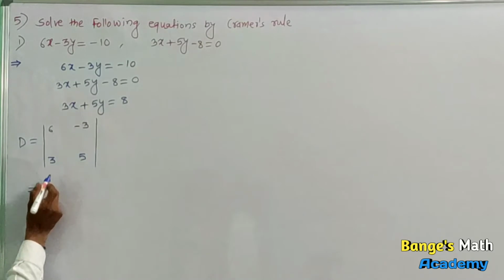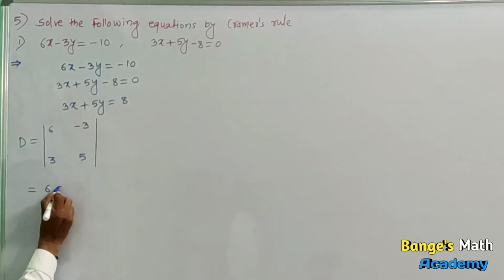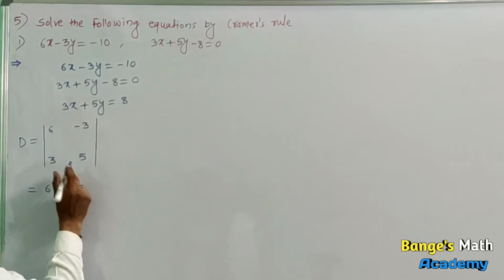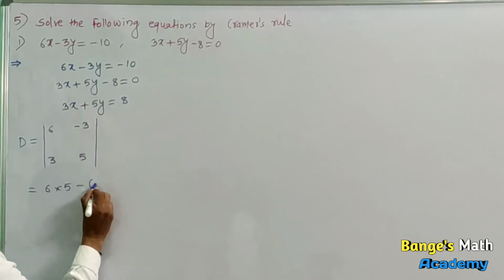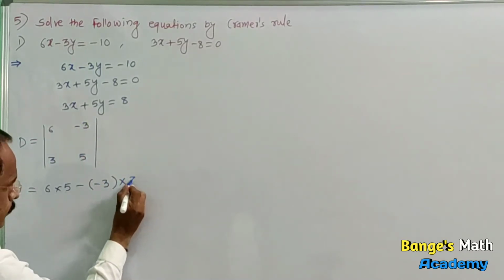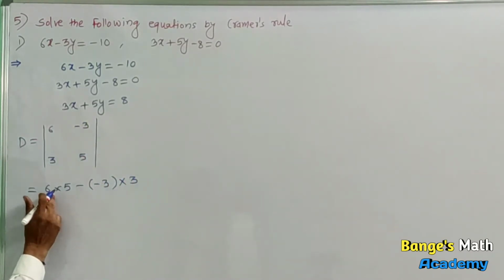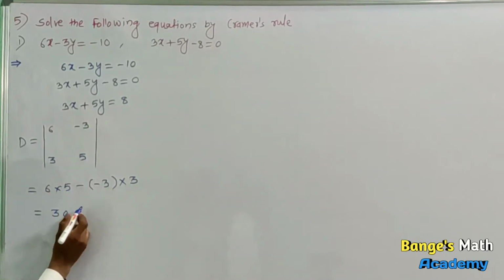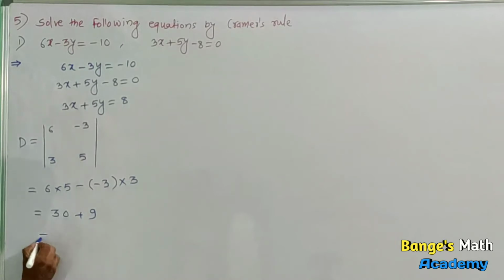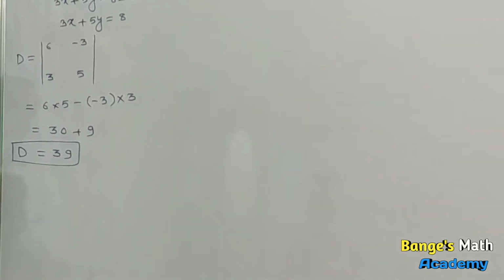Simplify this. 6 into 5, minus 3 into 3, is equal to 6 into 5, 30. Minus into minus plus 3 into 3, 9. 30 plus 9, 39. So d is equal to 39.